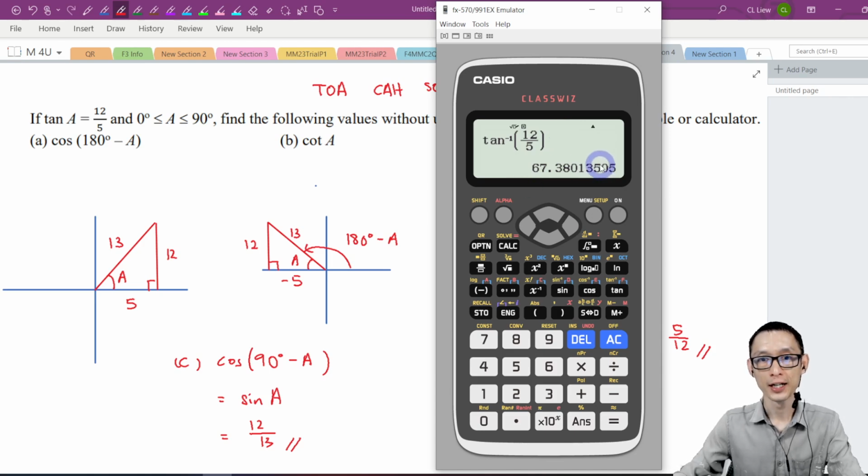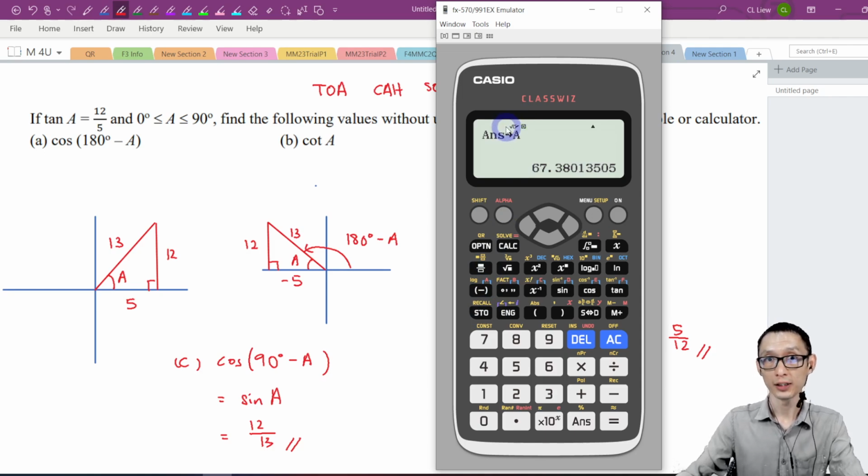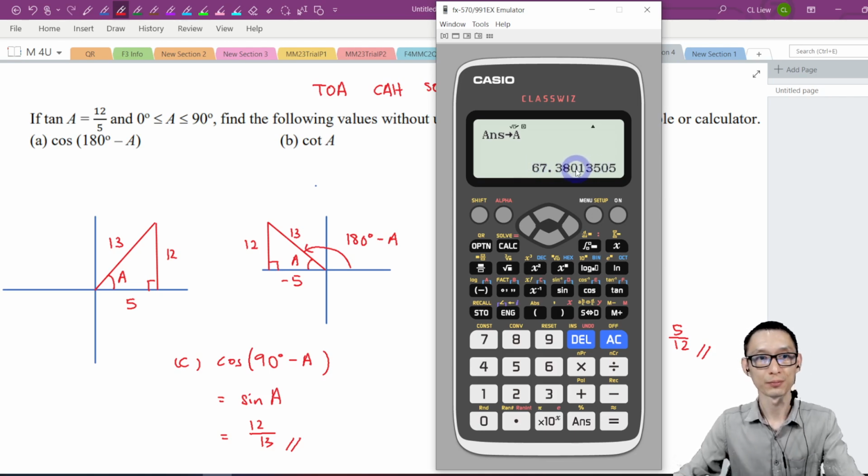In order to make it more accurate, I'm going to save this whole angle into my calculator. Press store. I just let it be A. Now your calculator knows that later on, when you press A, it will refer to this value.